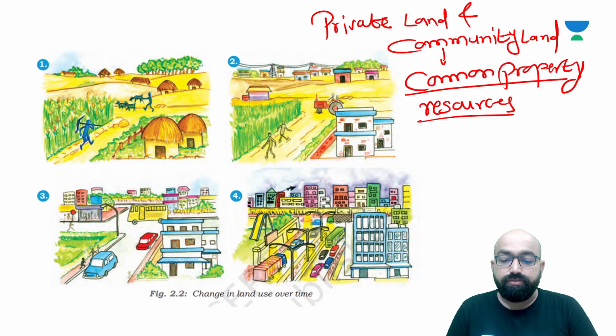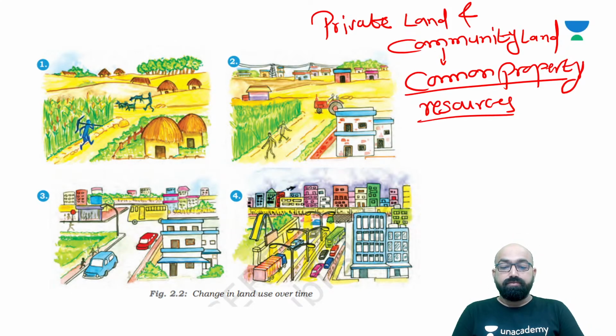Land degradation, landslides, soil erosion, desertification are the major threats to the environment.